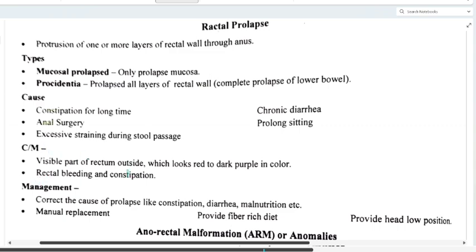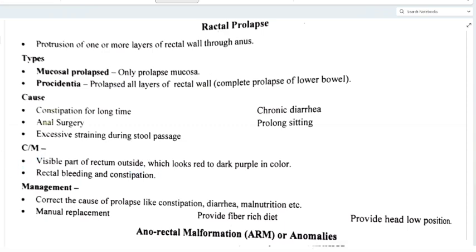That is prolapse of all layers of the rectal wall, like complete prolapse of the lower bowel. So there are two types of prolapse: mucosal prolapse, where only the mucosa prolapses, and procidentia, which is prolapse of all layers of the rectal wall, complete prolapse of the lower bowel.